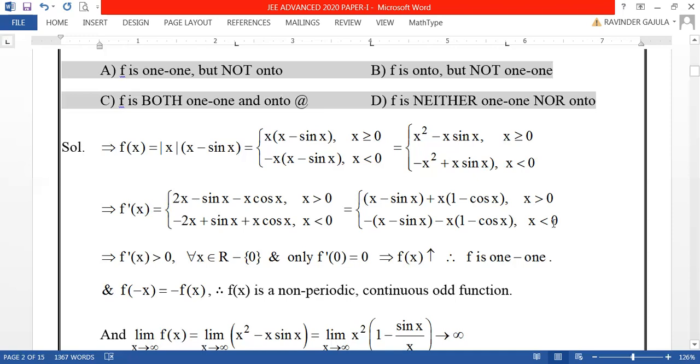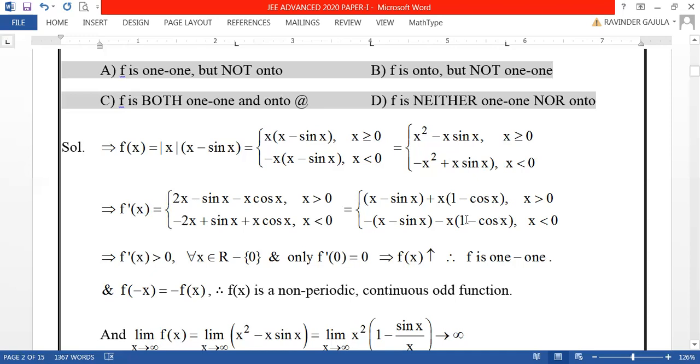And for x less than 0, dear friends, x minus sin x will be negative, because x will be below sin x. So on the left side of 0, this x minus sin x will be negative, so that minus of this becomes positive.